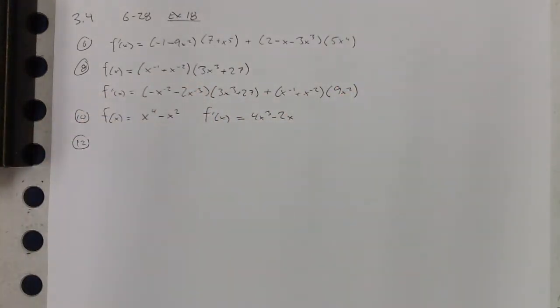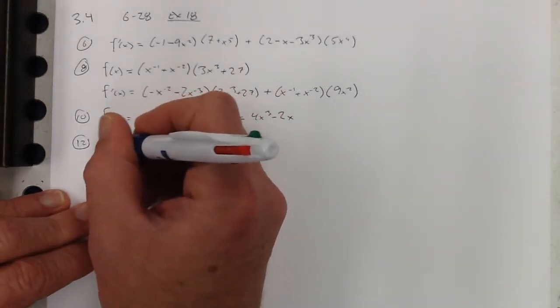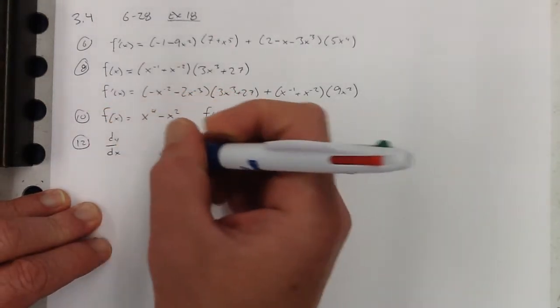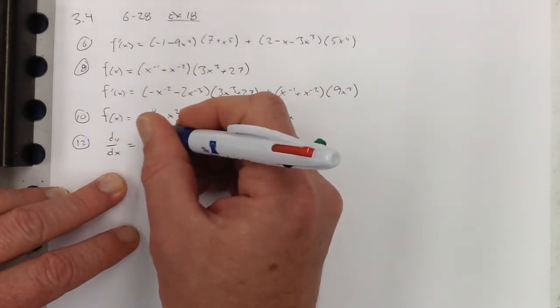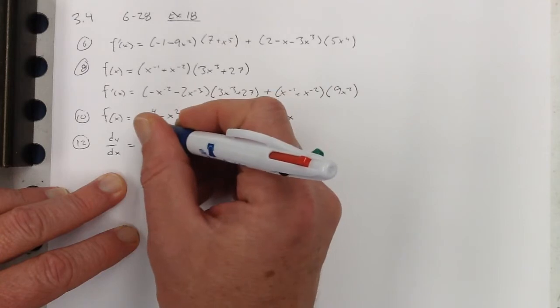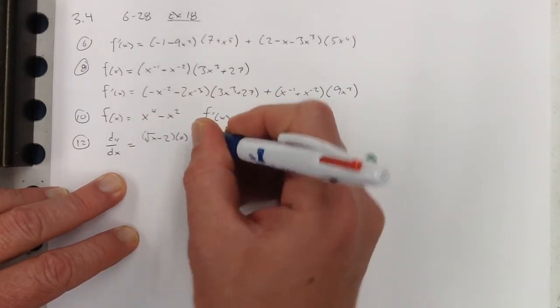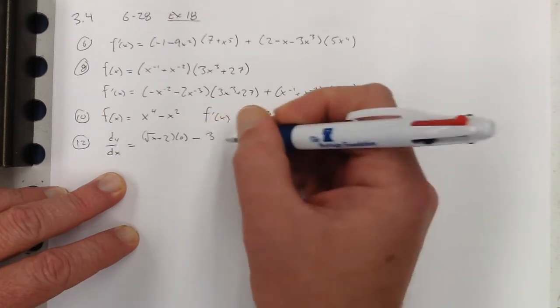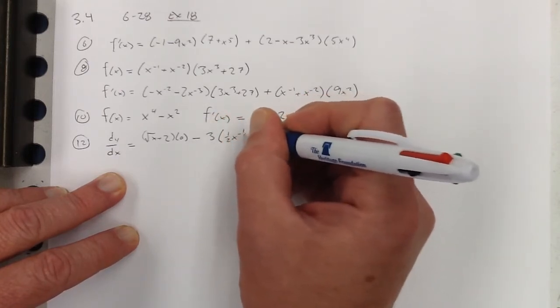Number 12. Looks like I'm going to need some low-d high. So let's see, low, d high. If you saw that coming and you're like, oh, that's just a 0, then good for you. Minus high, d low. It's 1/2 x to the negative 1/2.